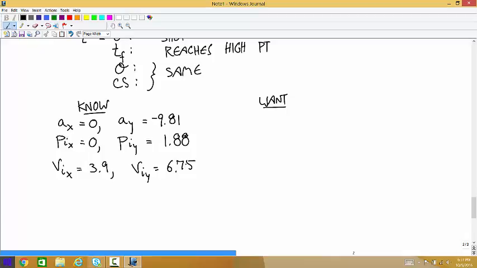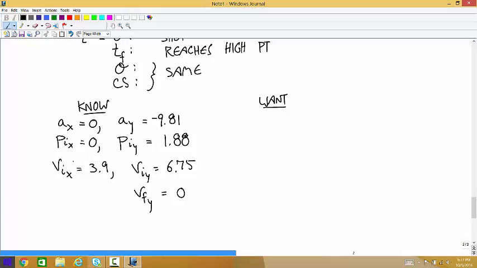Do we know anything about V final? We do. So whenever you see highest point, you should think you're going to use the fact that the y component of the velocity at that point is 0. So we don't know the x component of the velocity, but we know VFY is equal to 0. Well, we actually do know the x component of the velocity at that instant, but we're not going to use it.